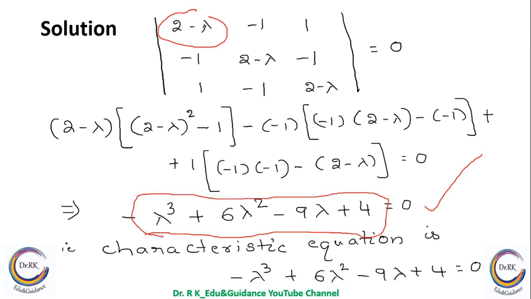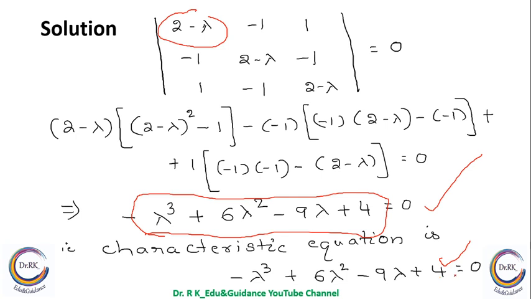This is the characteristic equation of the given matrix. Now to verify the Cayley-Hamilton theorem, what the theorem says is that the matrix A satisfies its characteristic equation. That means in place of lambda, put A: minus A cube plus 6A square minus 9A plus 4I equal to 0.